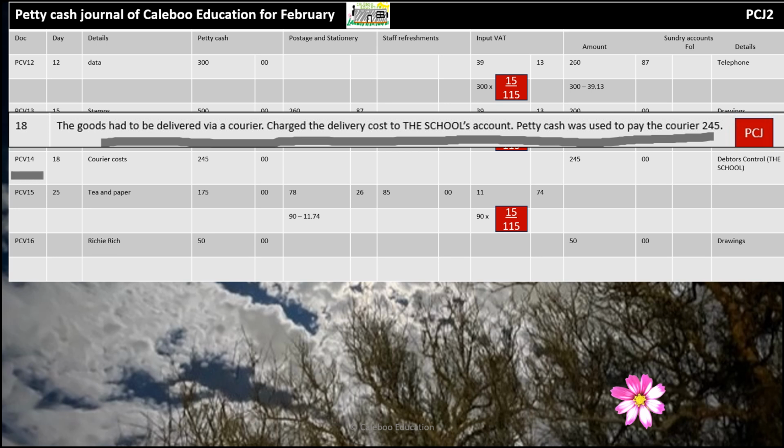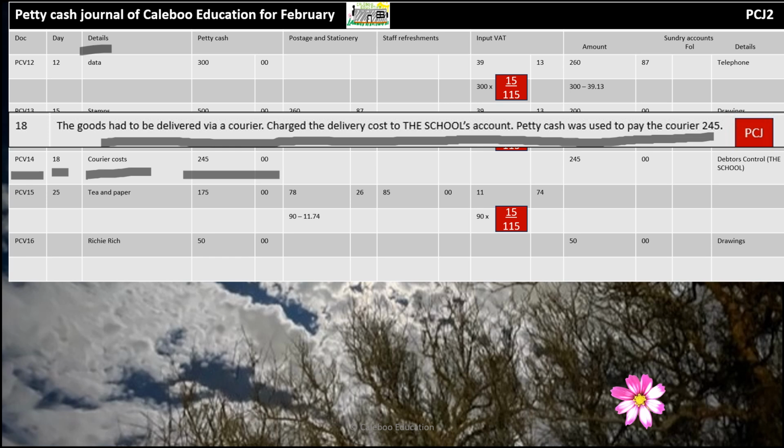So petty cash voucher 14 was filled in. The day is the 18th. We don't have the name of the courier company, which would give us more detail, but courier costs, it's gone under details. Under petty cash, how much came out of petty cash?